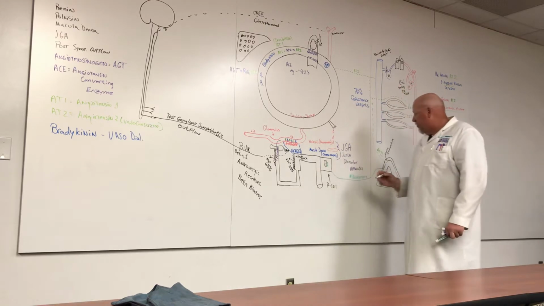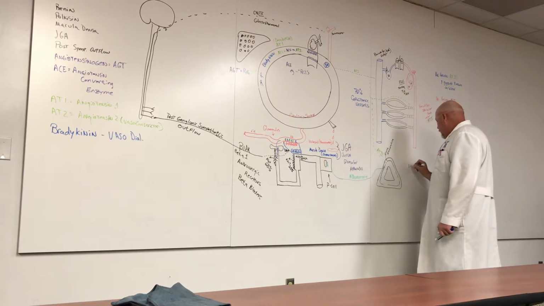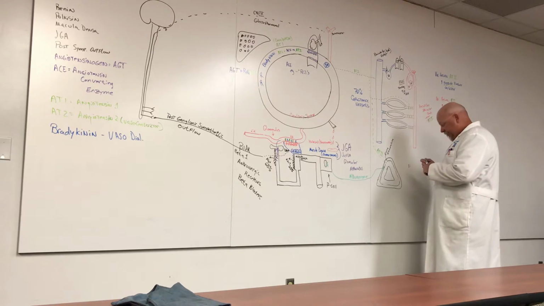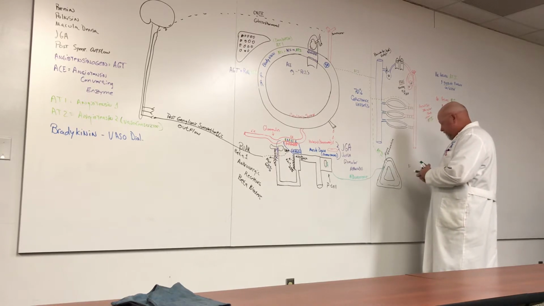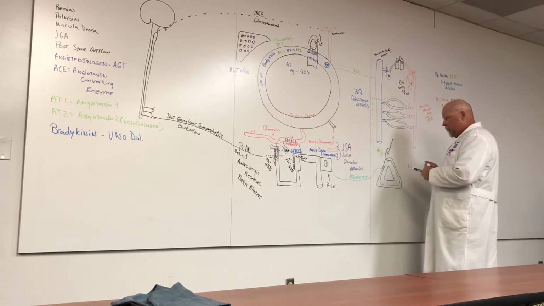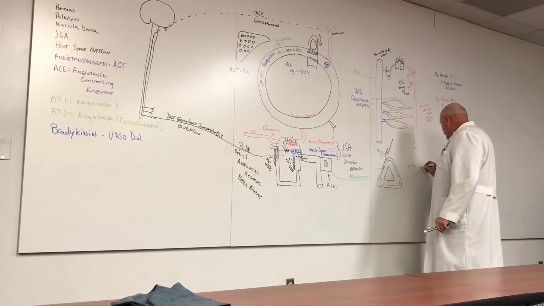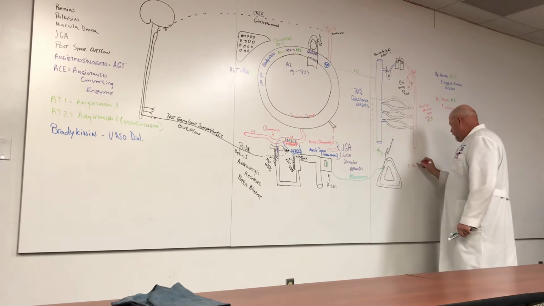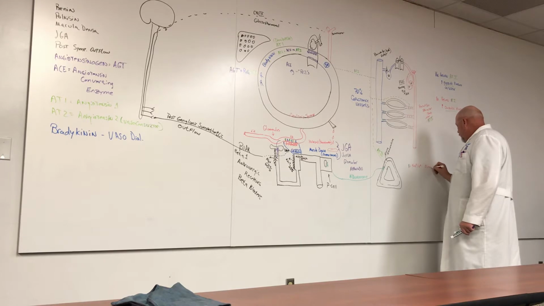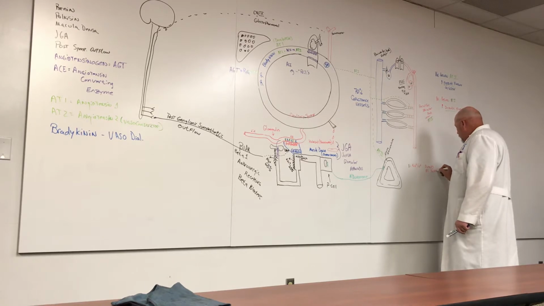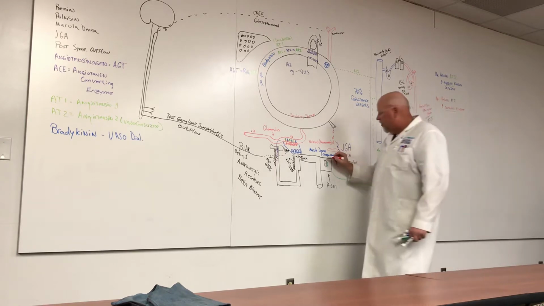Okay, now that first gene is for what? Sodium potassium pumps on the basolateral surface.